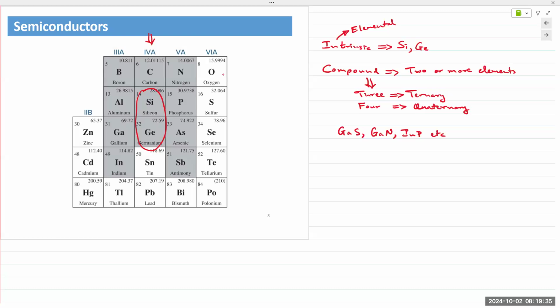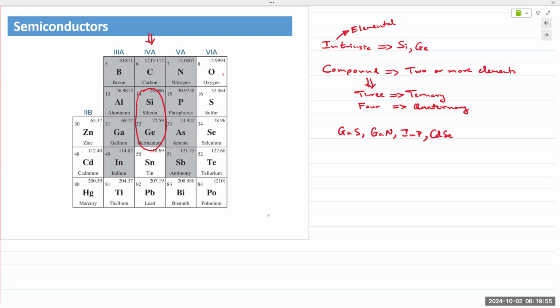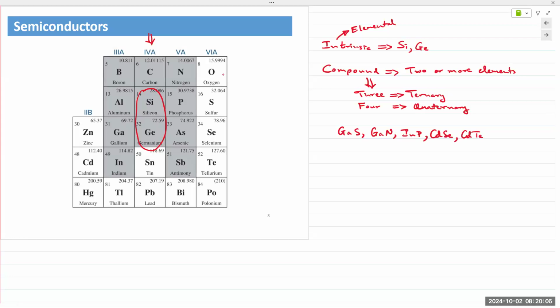So you combine columns 3 and 5. Again, you get 8 electrons in the outermost shell when you combine them. Or it could be 2,6 also. So 2,6 semiconductors, an example would be cadmium and sulfur, cadmium and selenium. It could also be, I believe I've heard of cadmium and tellurium.